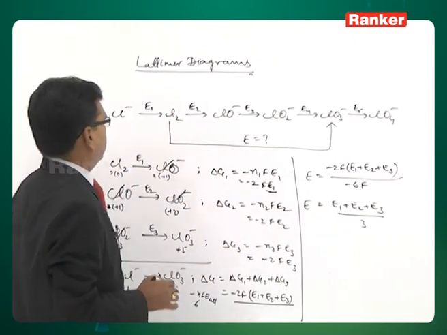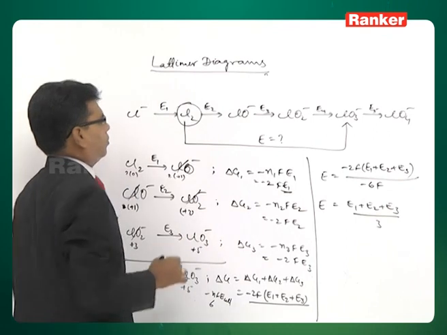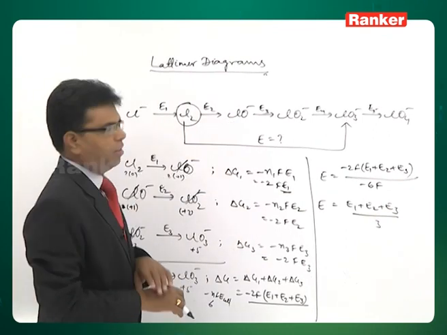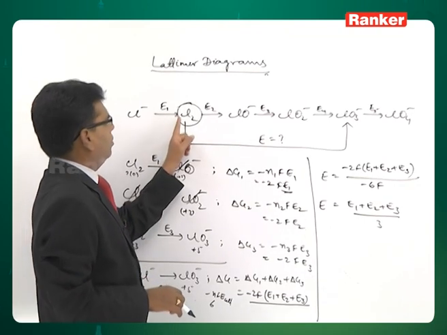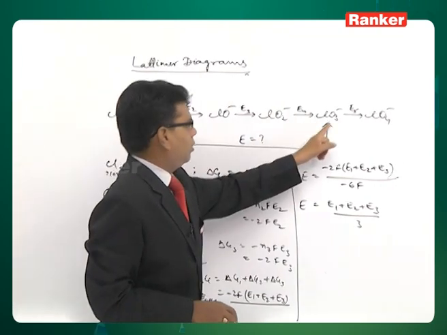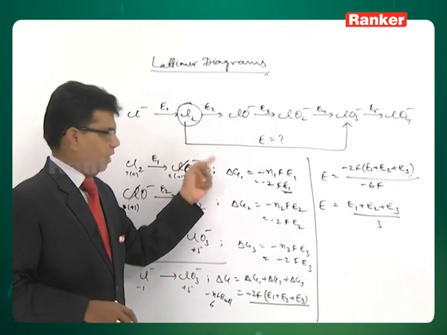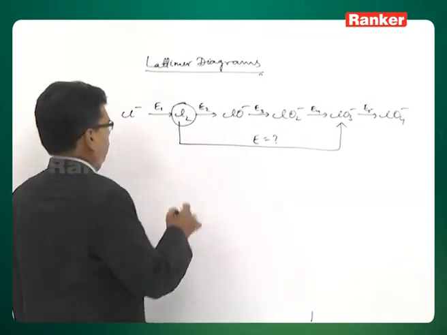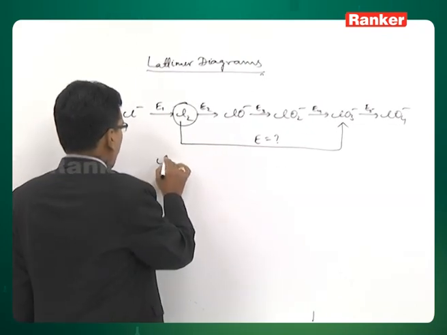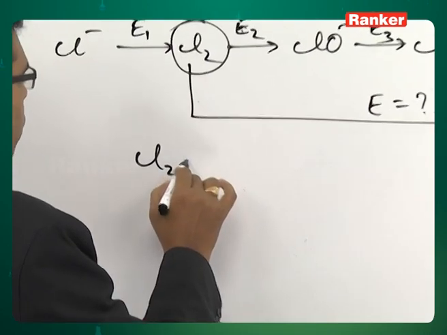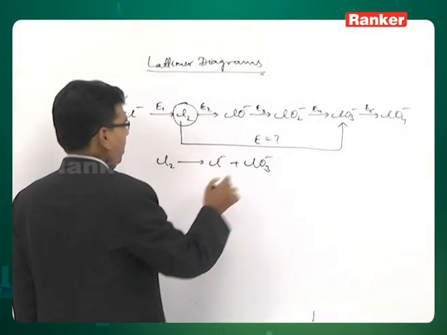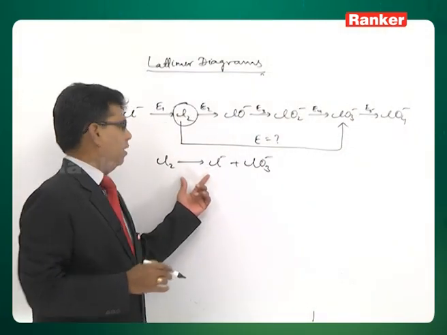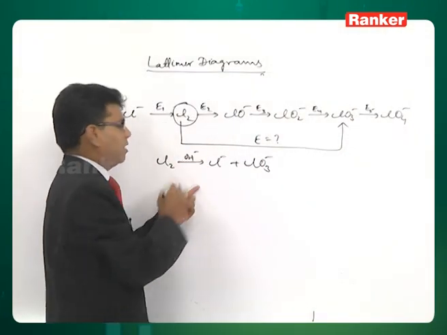Now, also whether this chlorine can disproportionate to ClO minus to Cl minus or not, how do we know? For that, or Cl2 to ClO3 minus to Cl minus, now let us see. Now, chlorine disproportionation to chloride and perchlorate, we know that chemically this reaction is feasible in basic medium.